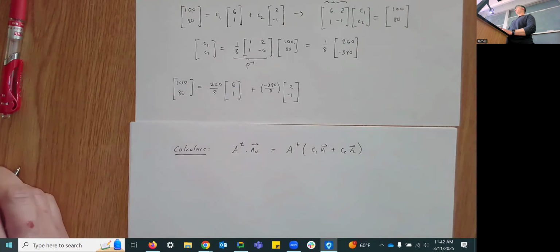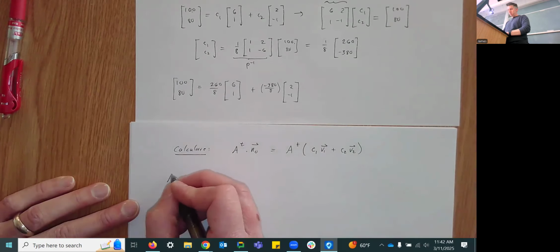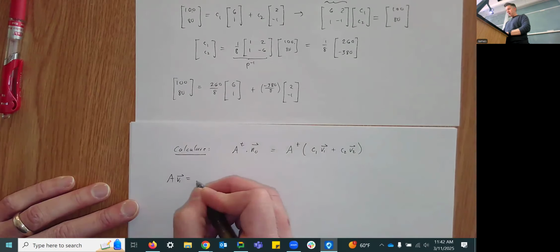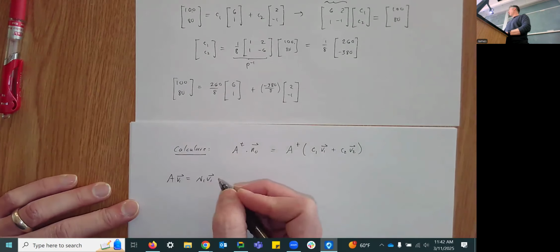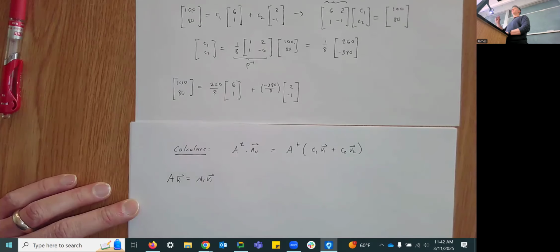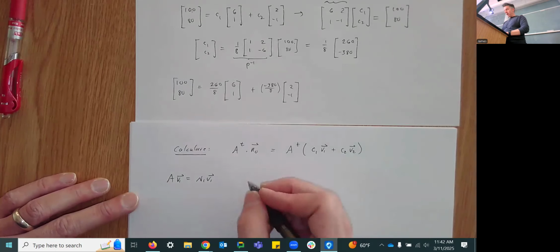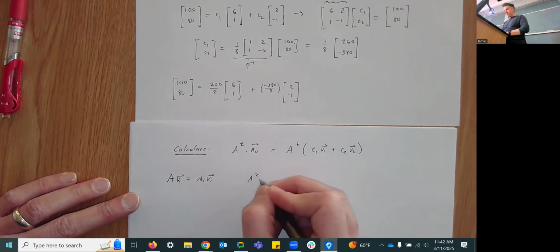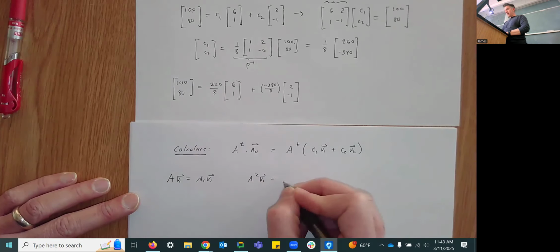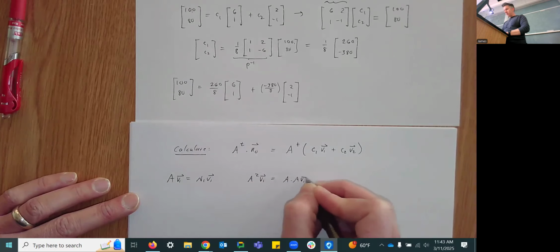Okay, but there's something special about the eigenvectors. When you multiply a matrix by its eigenvector, you just get the eigenvalue times the eigenvector. And that's true if you keep multiplying by the matrix A. Meaning, if I did A squared times the eigenvector, well, that's A times A times the eigenvector.